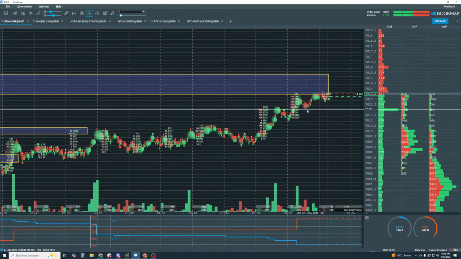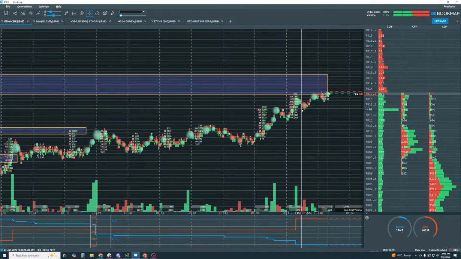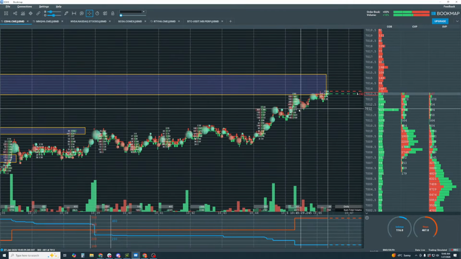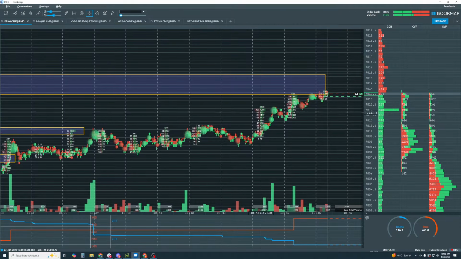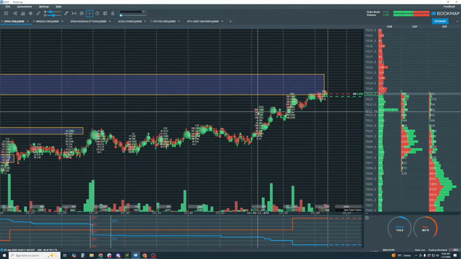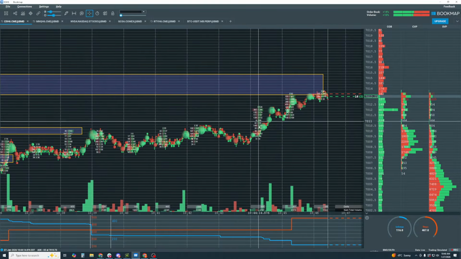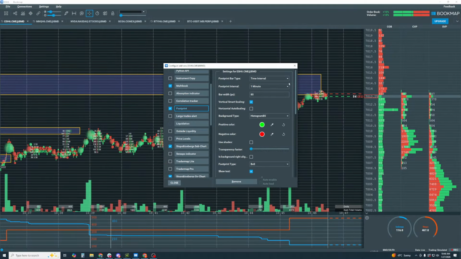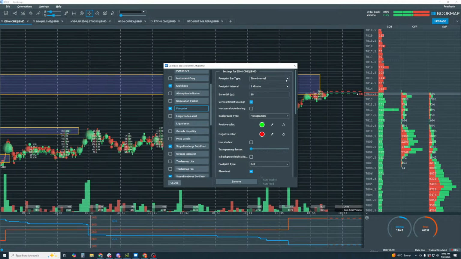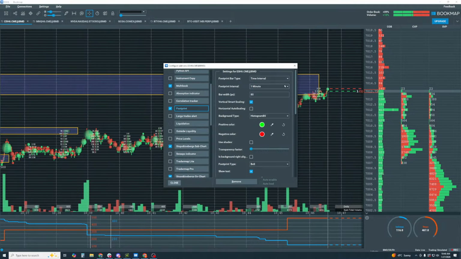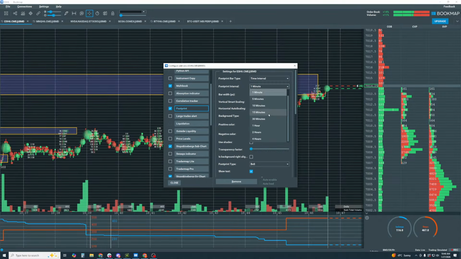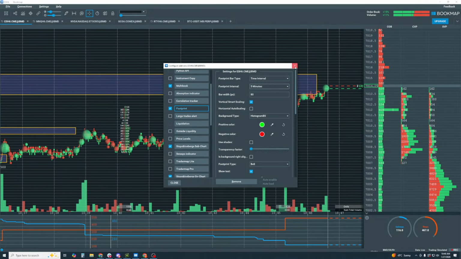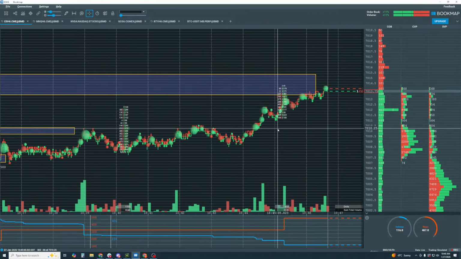All right, so footprint chart. Here you can see precisely how much is trading on this bar of data. Now that's one thing I don't like immediately, is I'm looking at a bar of data. In fact, let's go with 5 minutes. It's aggregated, right?